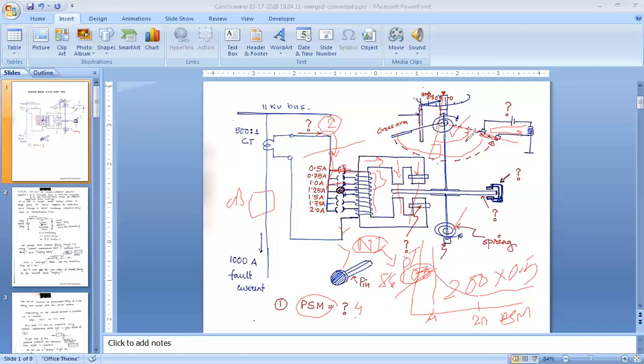So for the same clock setting multiplier, I can adjust the position of this arm. If it is made 0.5, then it will take 4 seconds instead of 8. We can advance it further.